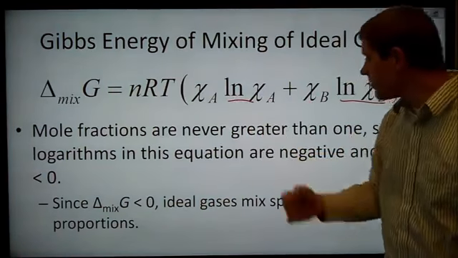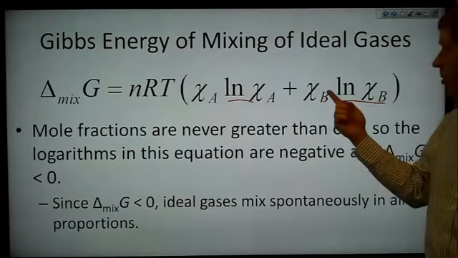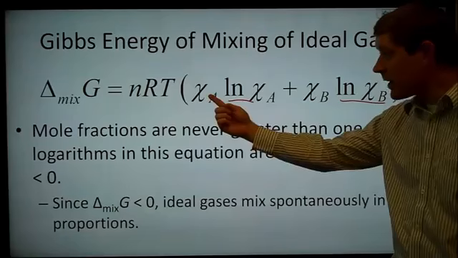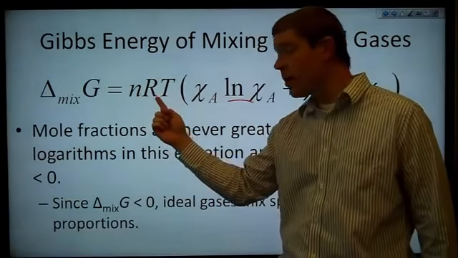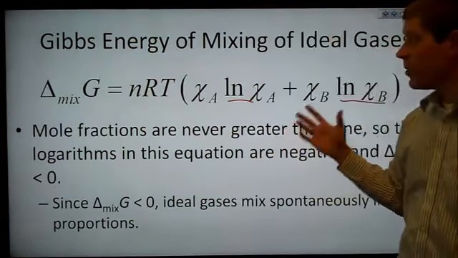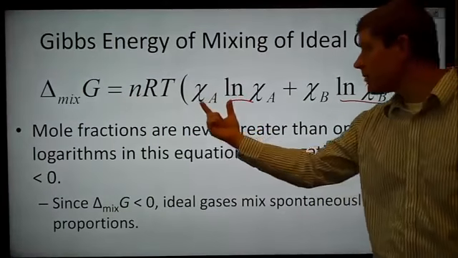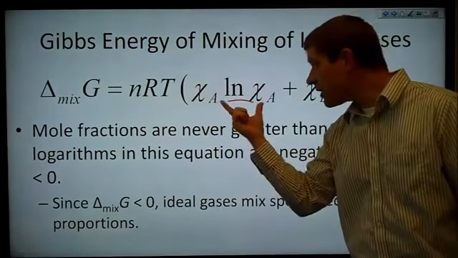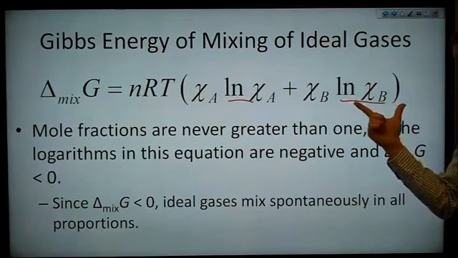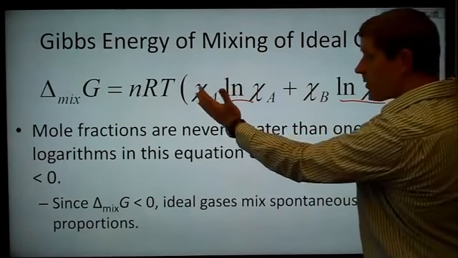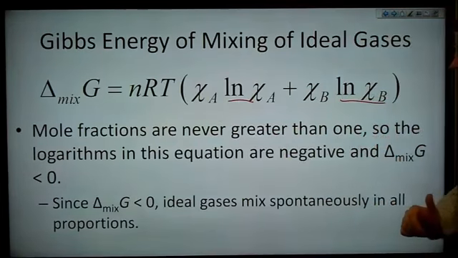The number of moles is positive, R is positive, temperature is positive, so we have some positive values multiplied by each other times some negative value plus some other negative value. So this stuff in parentheses has to be negative.